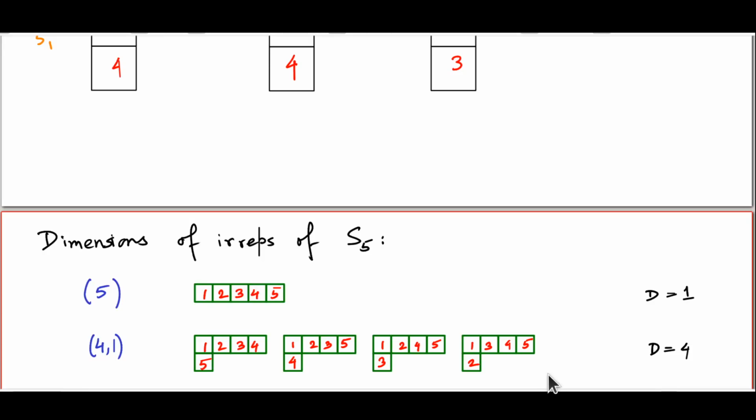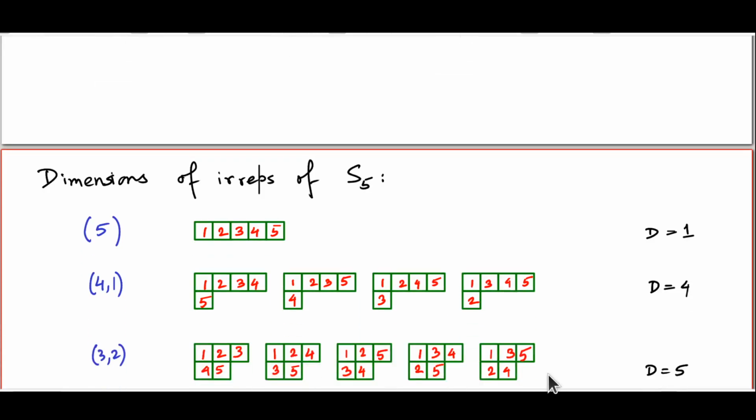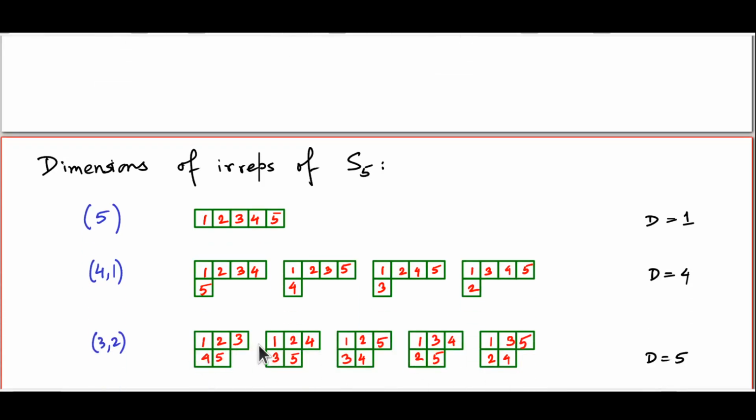What about the partition 3, 2? 3 boxes in the first row, 2 boxes in the second. One obvious way to fill it up would be 1, 2, 3, 4, 5. But then you could go 1, which has to go there. Then 2 could go here, but 3 could come down and then go with 4 here, 5 here.